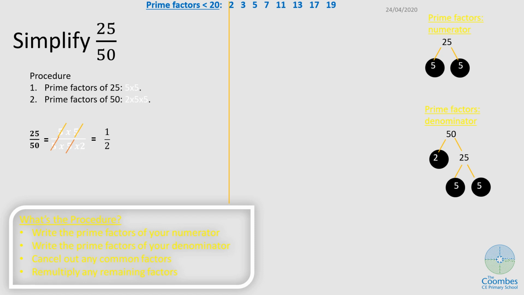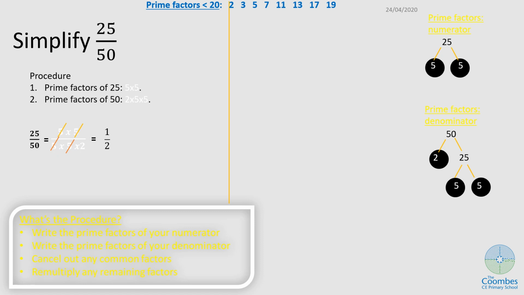So given the fraction 25 over 50, let me write just the prime factors. I know the prime factors of 25 are 5 times 5, and the prime factors of 50 are 5 times 5 times 2. But earlier, we said that 5 over 5 is actually 1. They cancel out to be 1.